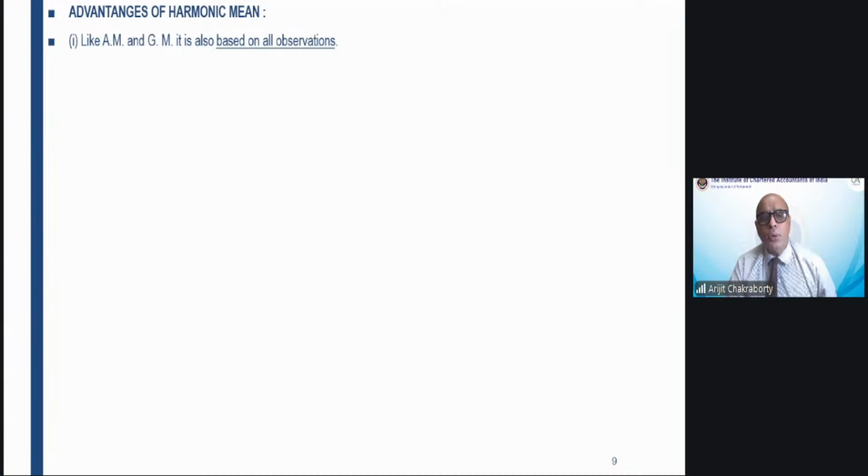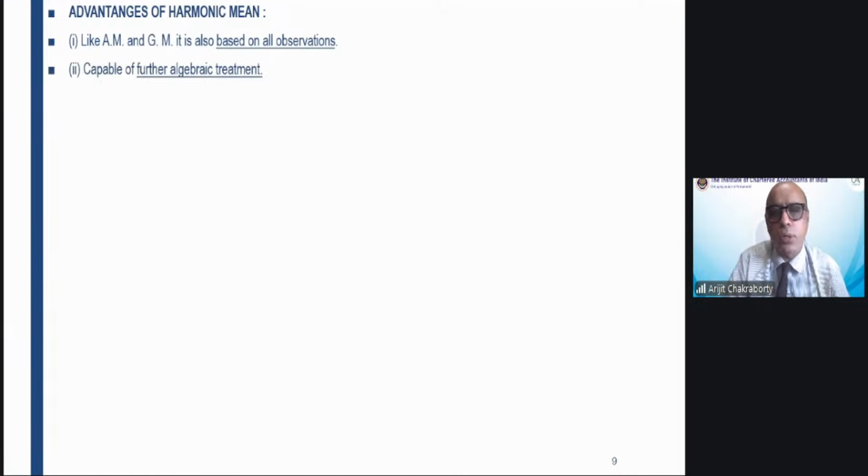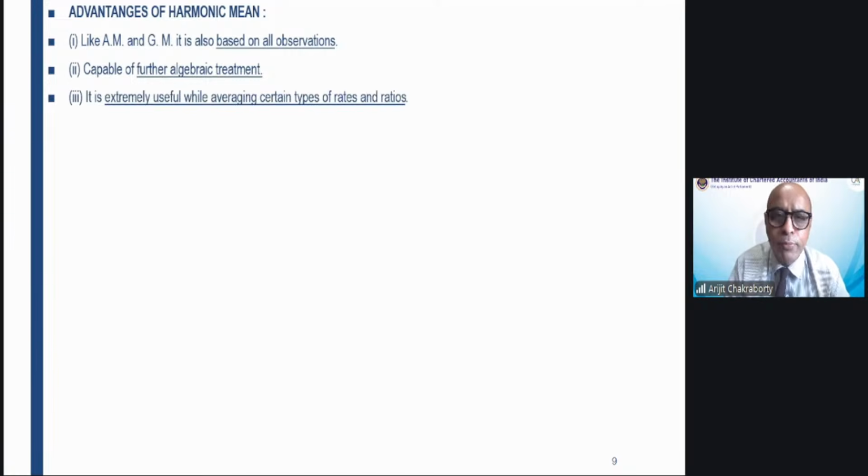So, just like arithmetic mean and geometric mean, it is clear that harmonic mean is based on all observations. Next, harmonic mean can also be used for further numerical or algebraic treatment.